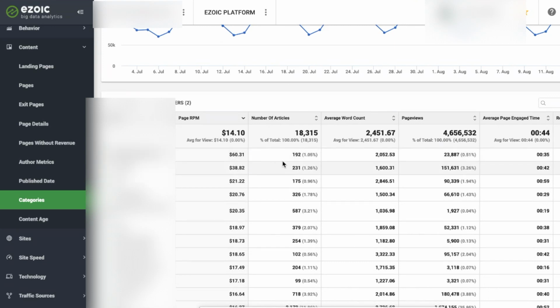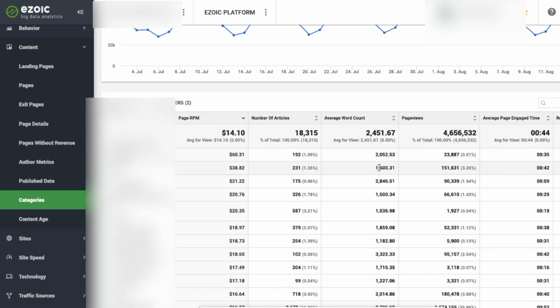If I go over here, I can see I actually have quite a few articles inside of this category, but not a huge percentage overall. So I've got 192 out of 18,000 articles on my site in this category. My average word count is around 2,000 words for these.